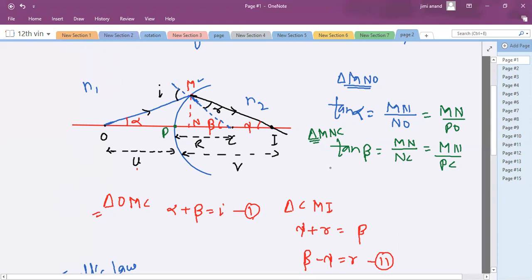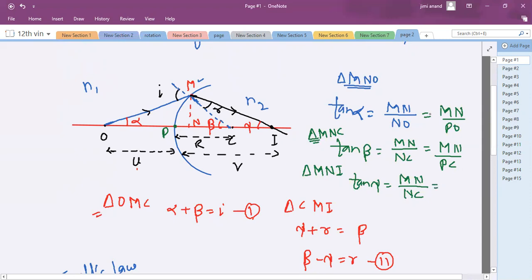Similarly, in triangle MNI, what is tan gamma? Tan gamma is MN by NI.